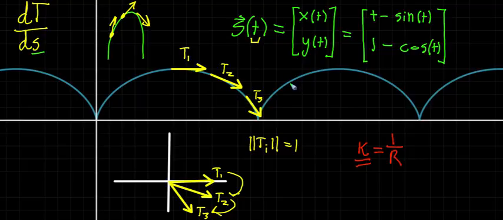What I mean by that is if you take just a tiny little step here, the actual distance of that step in the xy plane, you'd consider to be the arc length. And if you imagine it being really, really small, you're considering that a ds, a tiny change in the arc length. So this is the quantity that we care about. How much does that unit tangent vector change with respect to a tiny change in the arc length?